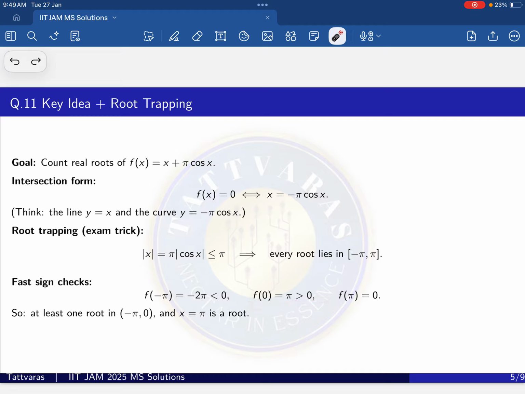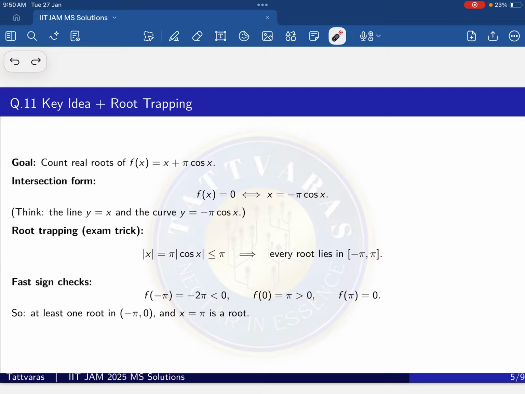So the signs are negative, positive, 0. That means there is a sign change here, and that means there will be at least one root in -pi to 0, and there is another root at x = pi. So already we know there are at least two roots.